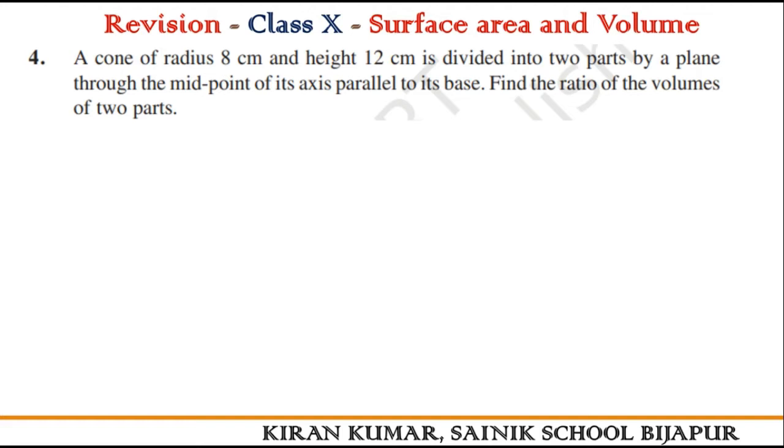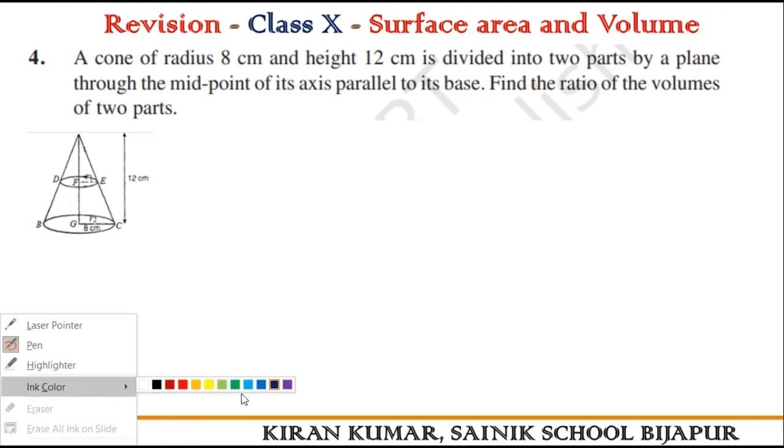Here, when a cone is divided by a plane, we get the figure like this. One of them is a frustum of a cone, another one is a cone. So we need to find out both volume of frustum as well as volume of cone.